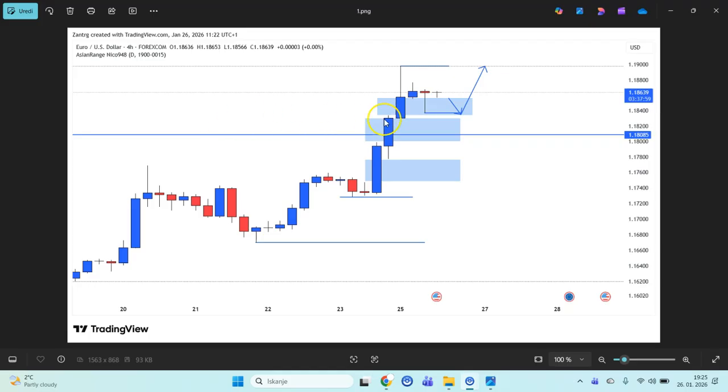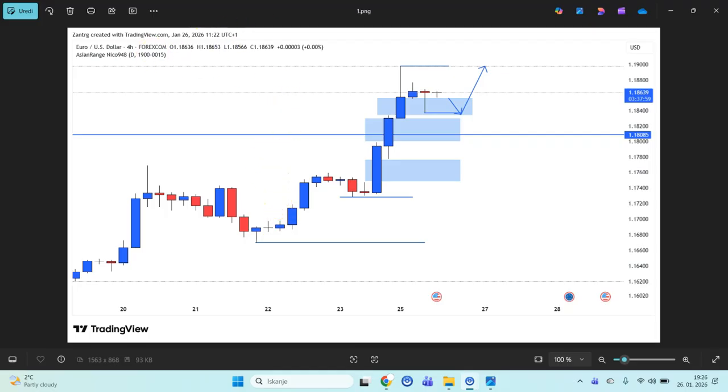So on the euro US dollar 4-hour time frame, we prepared the charts and screenshots, and we are going over this trade step by step. We are always looking for the same criteria on the markets to participate in potential trading opportunities.